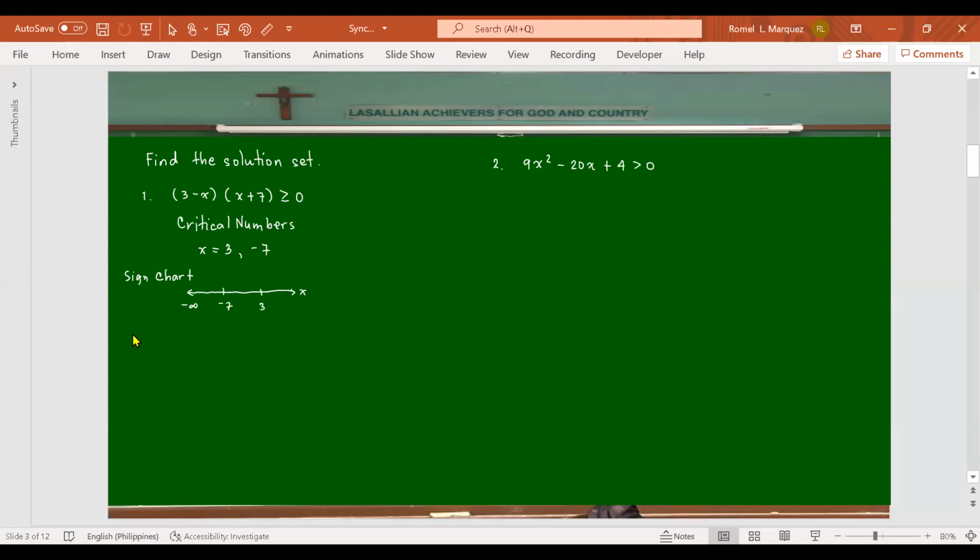So list down the factors 3 minus x and x plus 7, and then determine the sign of each factor in every interval. Actually, you are assigning a number, but we are doing it mentally. No need to assign a specific number. Just do it mentally. Some are assigning specific numbers. We want the product of this.